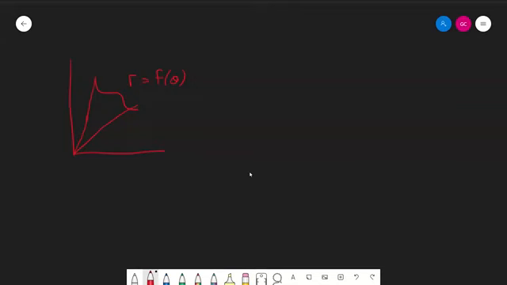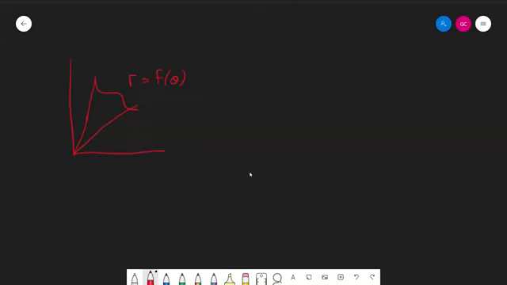Well, when we developed the idea of a double integral, we were taking regions and splitting them up with a little grid, right? We would draw a bunch of vertical lines and a bunch of horizontal lines, and then we did a double Riemann sum over those little individual rectangles. But for a region like this, the kind of grid that makes sense is a polar grid.